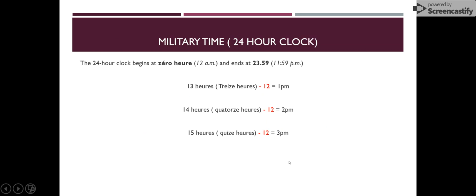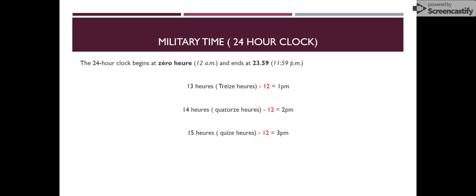Now, military time. You have to know the 24-hour clock begins at 0 hour, 12 a.m., and ends at 23:59. It means it's a 24-hour clock. In French, people use military time a lot. With military time, you don't have to worry about du matin, de l'après-midi, du soir.